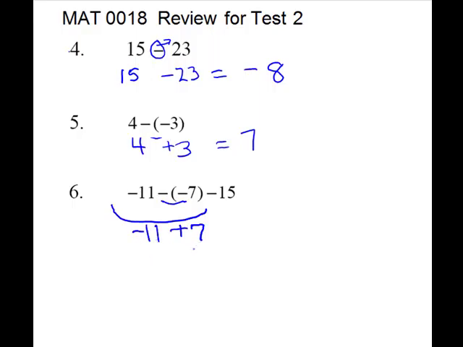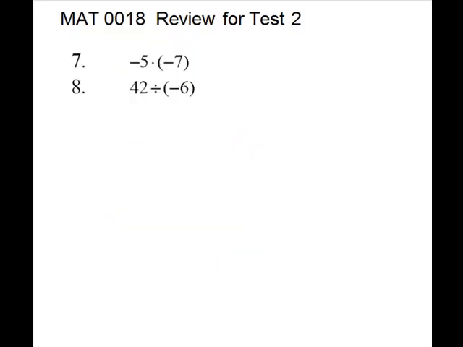Different signs should subtract. Sign of the larger. We'll bring down the 15 and we'll go ahead and move that sign over with the 15. So we can think signs. We have like signs. Like signs add. Keep the sign.